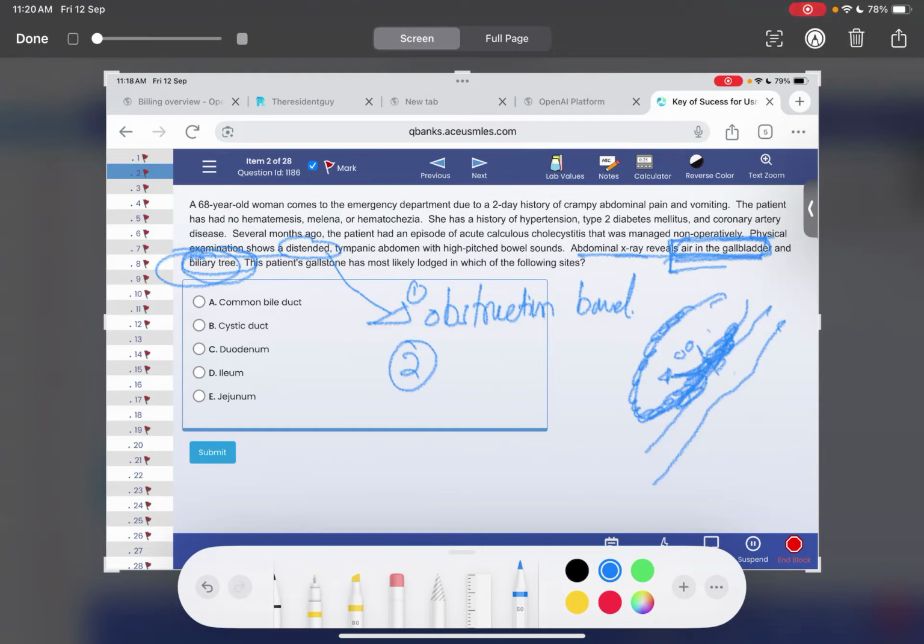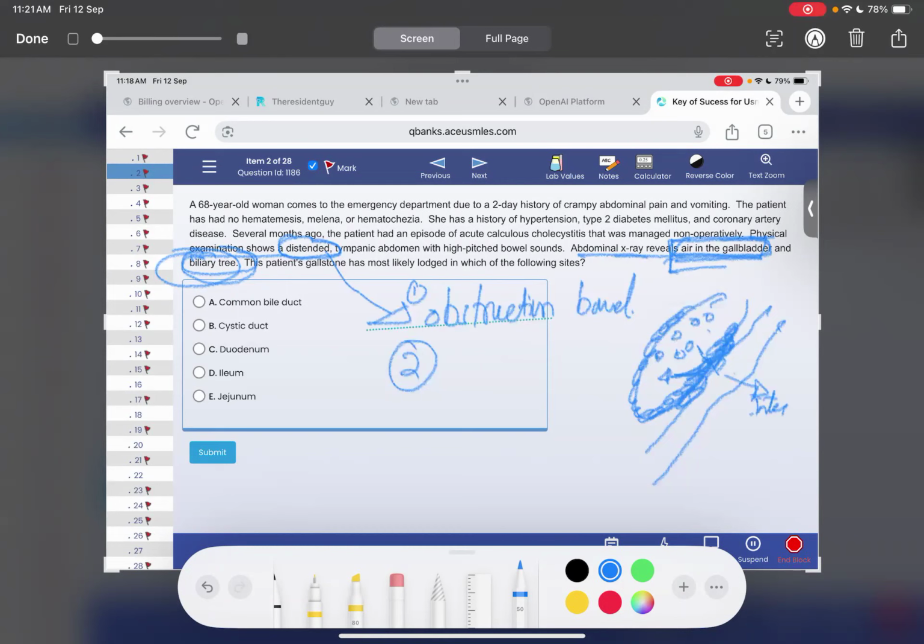Okay, have you got the point? So whenever there is a distended bowel, it means there is an obstruction in the intestine. There is a history of stones.